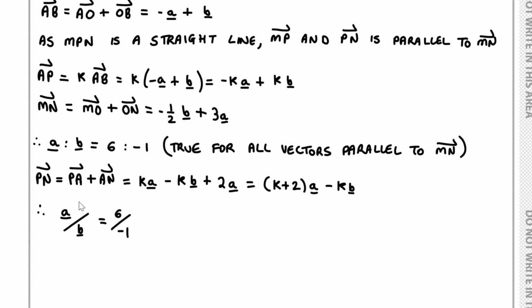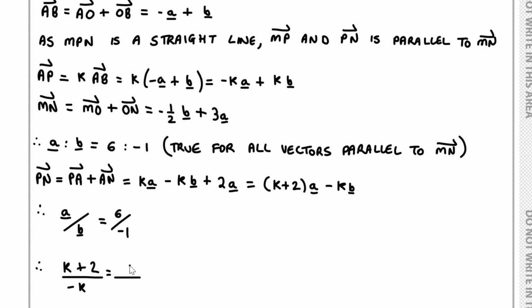So therefore, what we've got then is a over b, the a component over the b component. So here we've got k plus 2 over minus k.